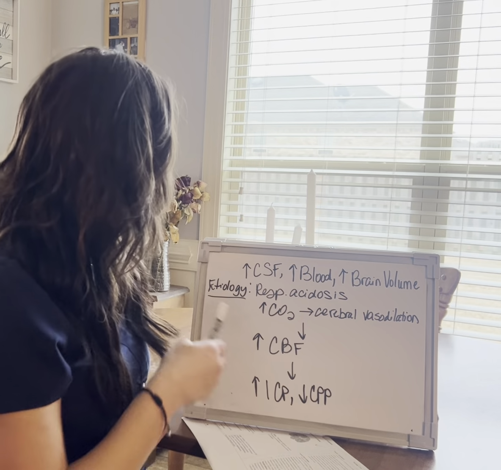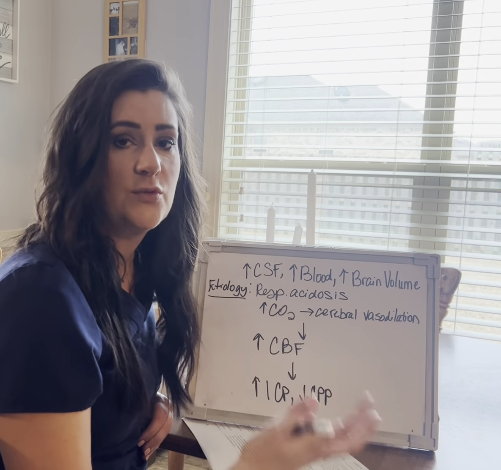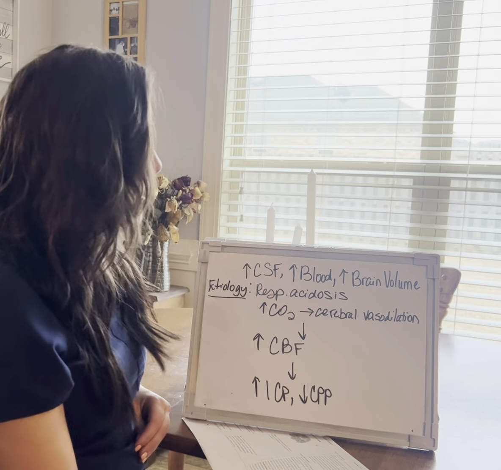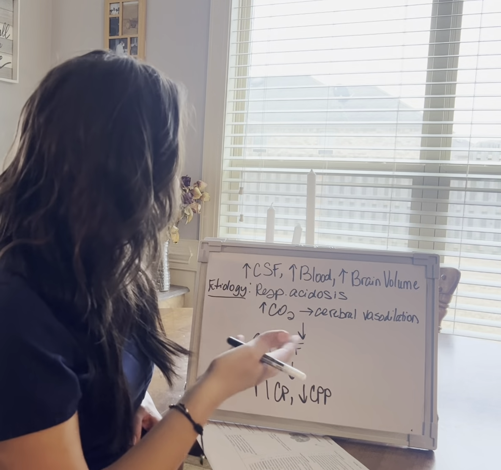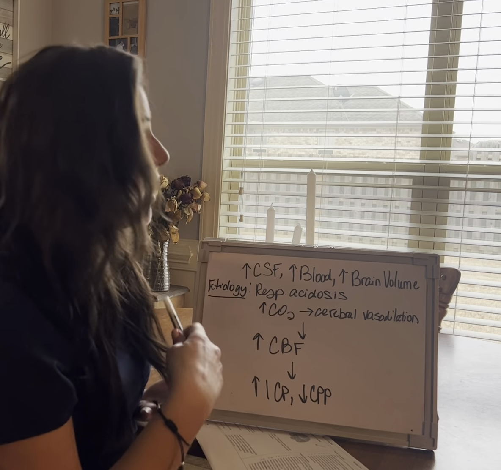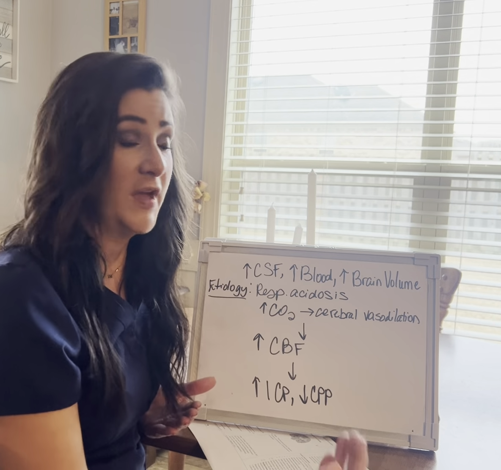So our etiology today, we're going to be talking about respiratory acidosis, which is very common among our COPD patients, right? With a respiratory acidosis, obviously CO2 levels are building up within the serum, okay?